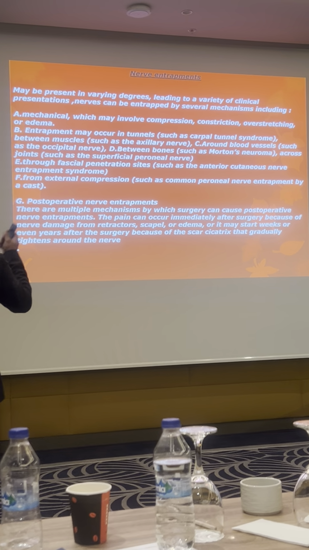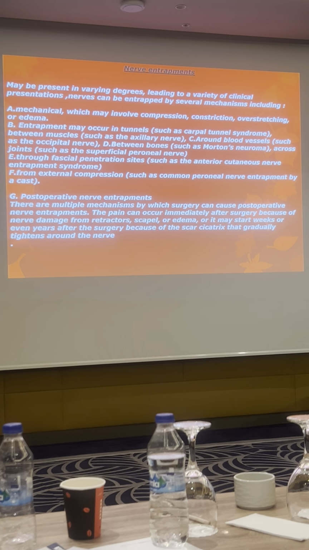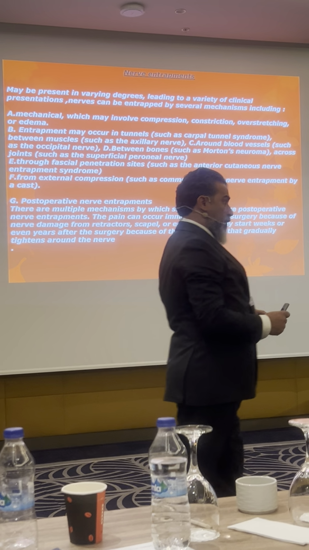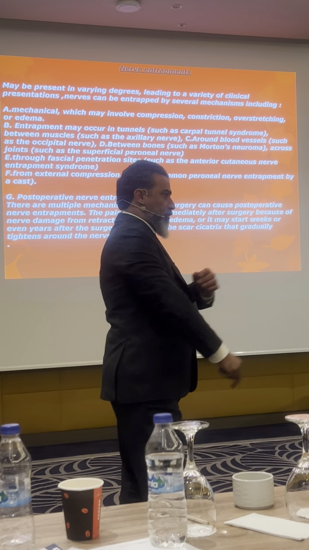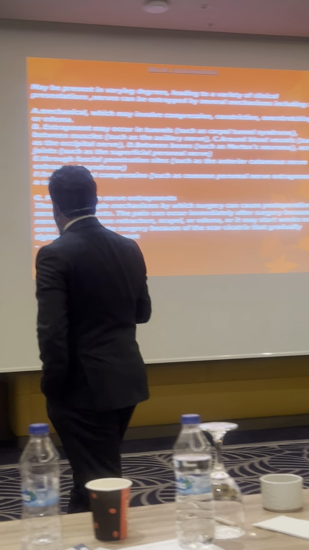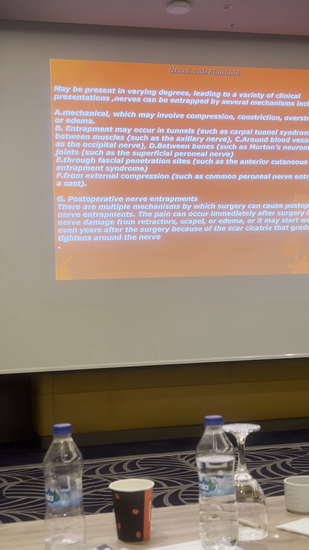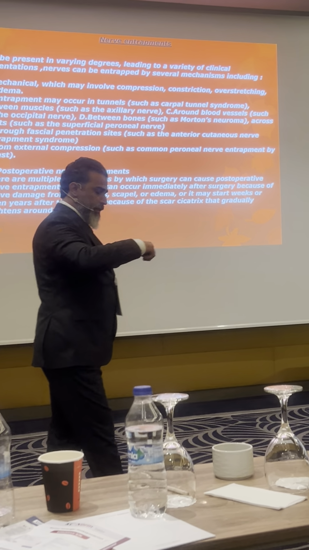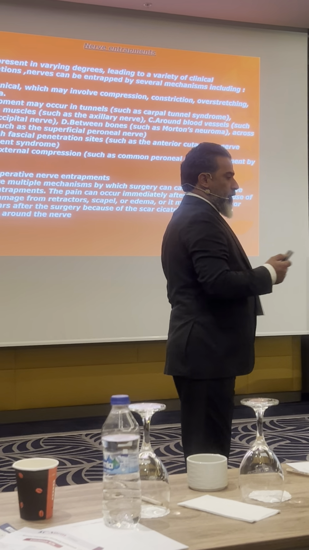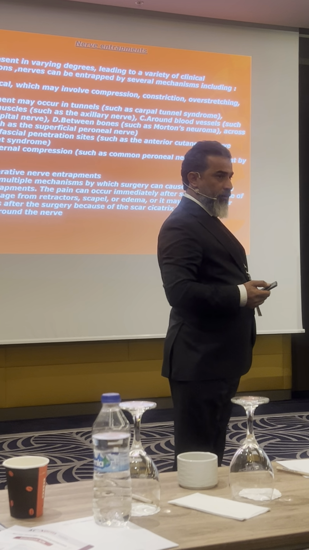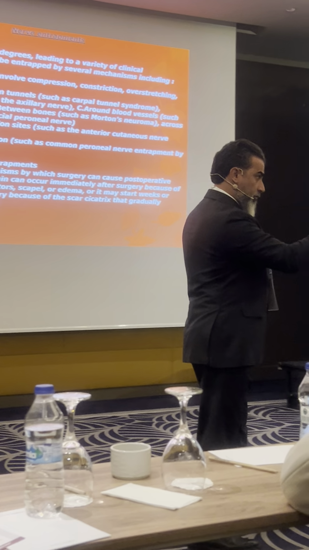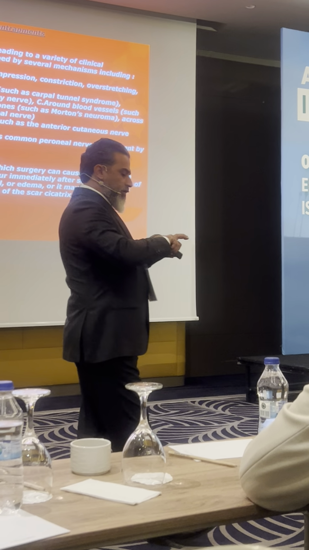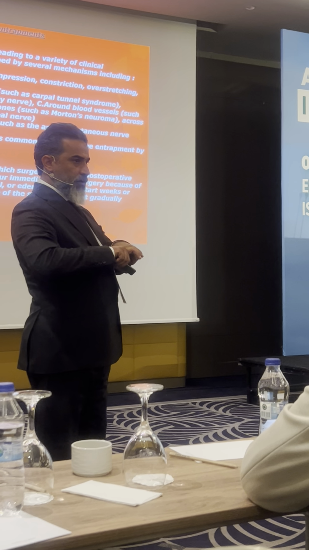For example, there is entrapment of the axillary nerve between teres major and minor, especially in sport injury, or carpal tunnel syndrome, or cubital tunnel syndrome. Or post-operative, for example after back surgery, some nerve insult by scalpel or by manipulation, or between bones like Morton's neuroma, for the digital or distal sensory branches of the nerves, because there is a convergence between two tarsal bones.